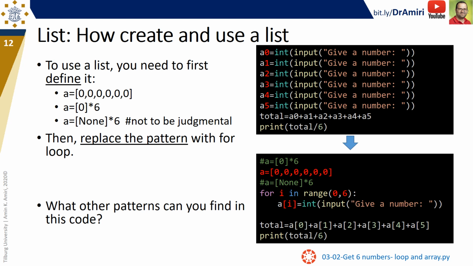So as you can see here, we were able to turn those several lines with the same patterns into a for statement. But you may be able to see some other patterns here as well.